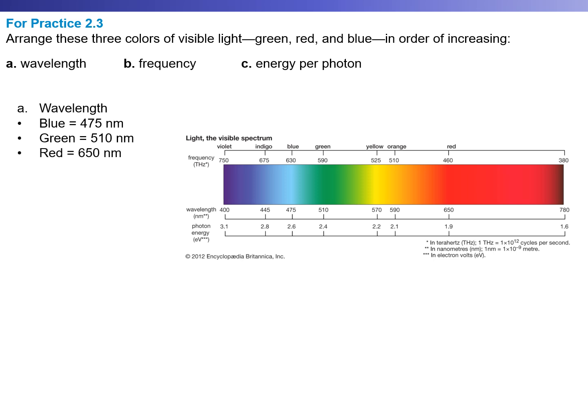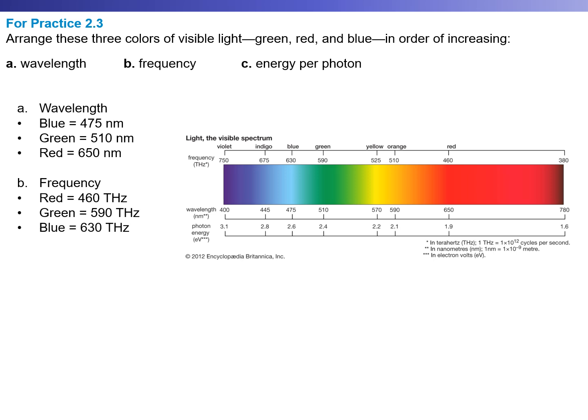Now, when we start looking at the frequency value, we might remember that the relationship between frequency and wavelength is inverse. So we would expect this order to be different for frequency, and we might even expect that red would come in at the bottom. And indeed, if we look over here, it has the lowest frequency, 460 terahertz, and then green comes in at 590, followed by blue with 630.